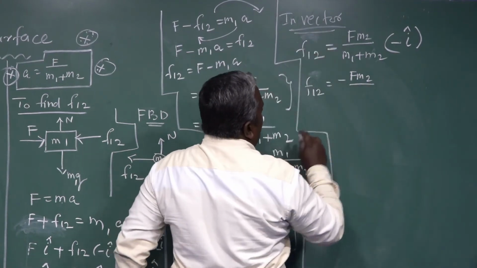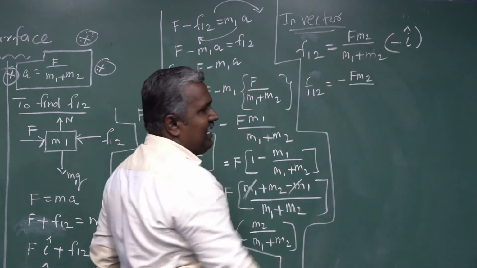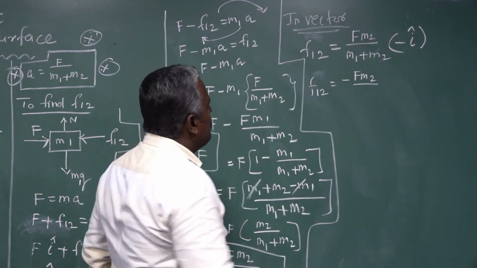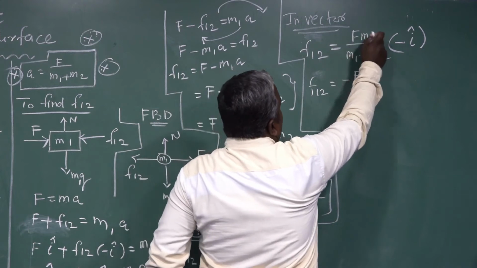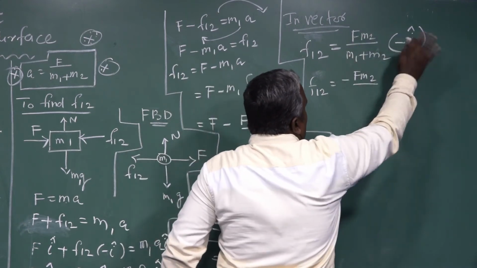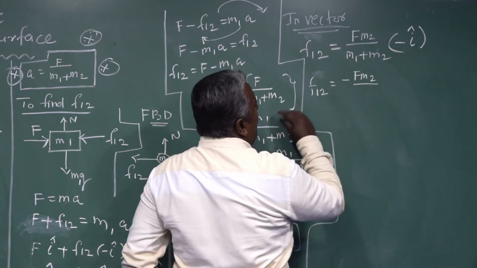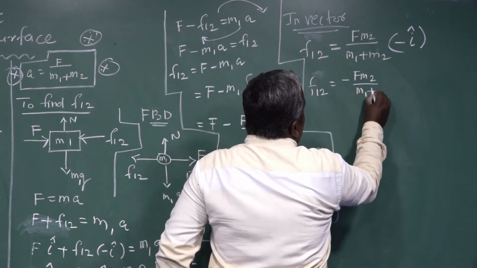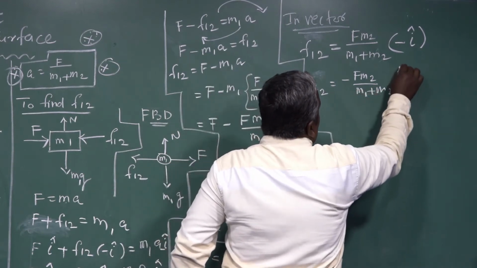No need for vector notation, because I cap is already written here, so no need for this symbol. So F12 is equal to F M2 by M1 plus M2, minus I cap. Take note, it is minus M1 plus M2.